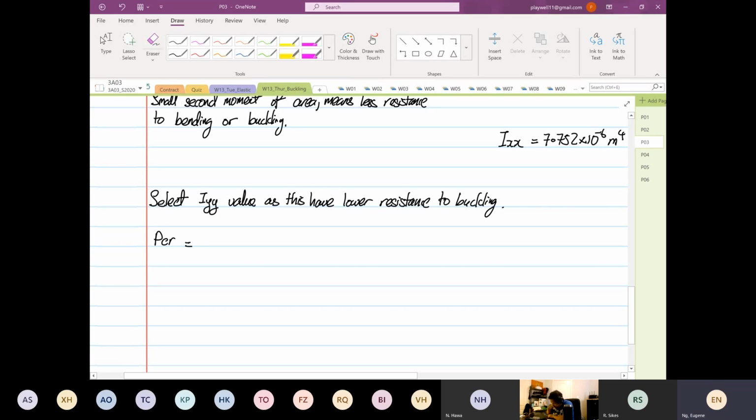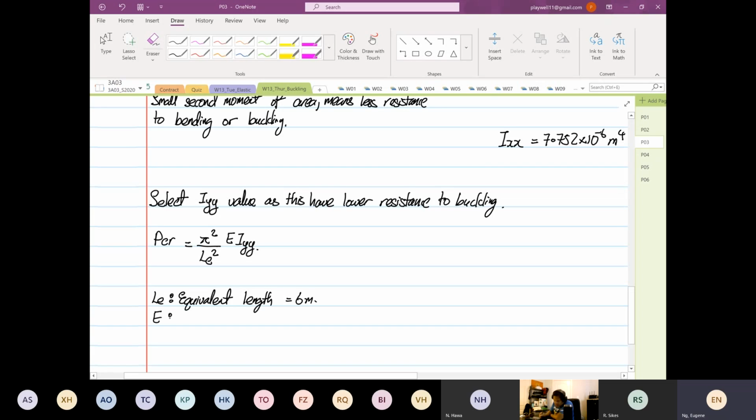The critical load is equal to pi squared over length. I will call this LE. LE is in fact the length, multiplied by EI in the YY direction. LE is the equivalent length. I'll explain to you all why equivalent length later. So this is equal to 6 meters.